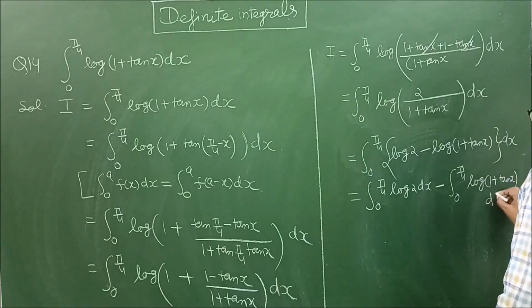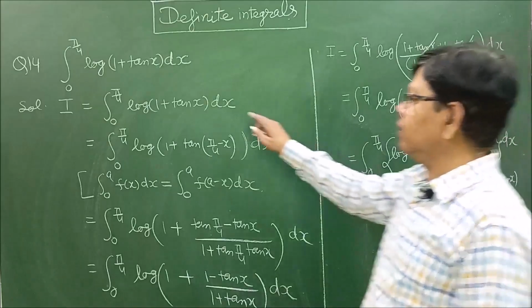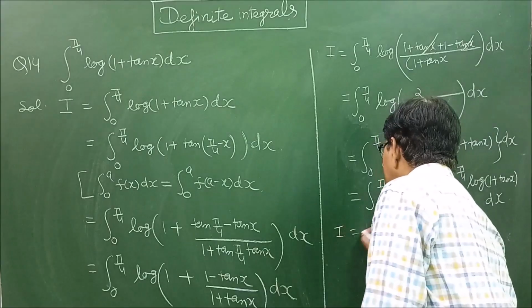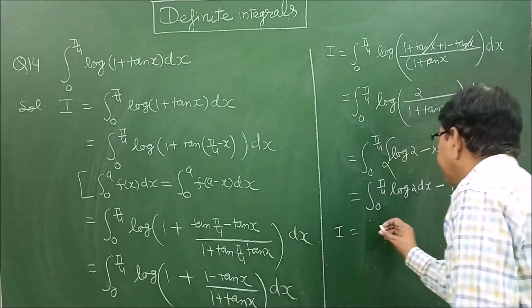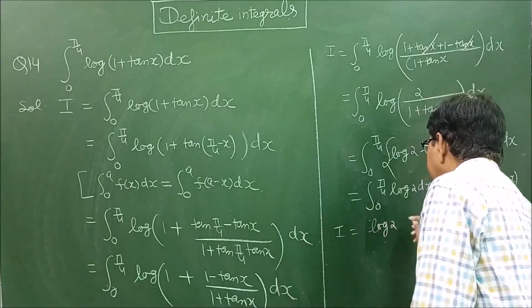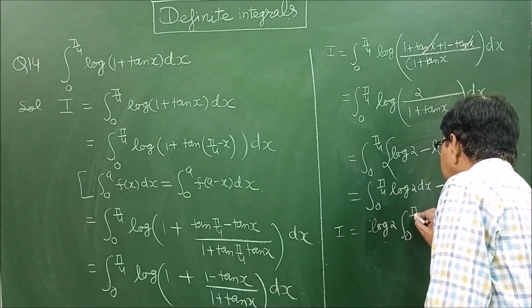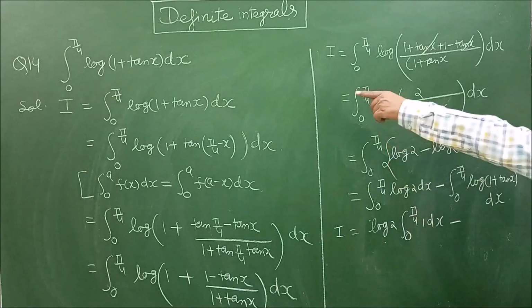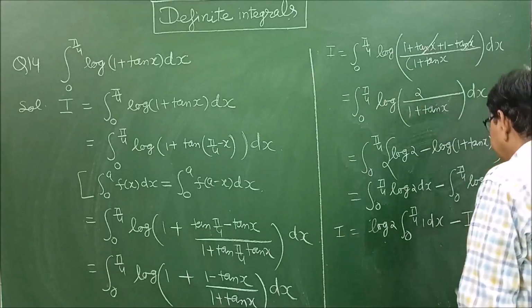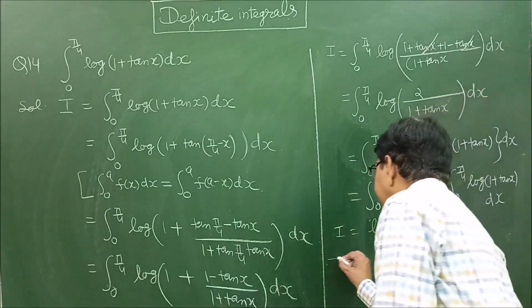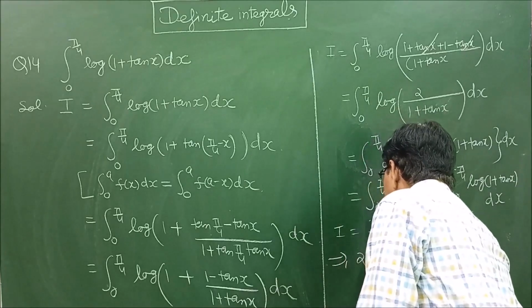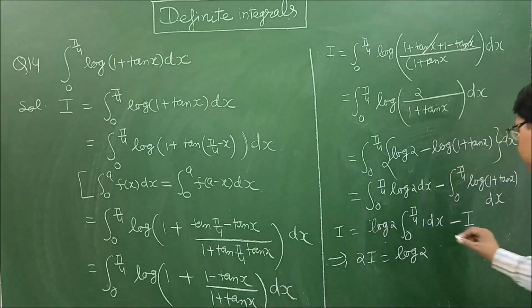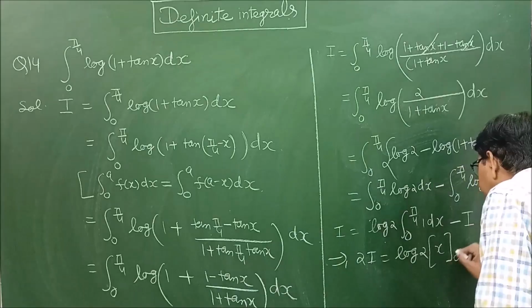This is the same definite integral which we have taken equal to I. So this I is equal to, log 2 is a constant, so this can be taken out of the integral, 0 to pi by 4 1 dx minus this definite integral, which is again equal to I. So transposing this I to the other side, 2I is equal to log 2 and the integration of 1, that is x, from 0 to pi by 4.